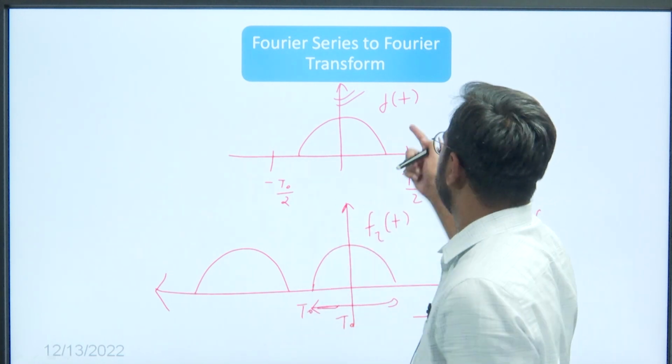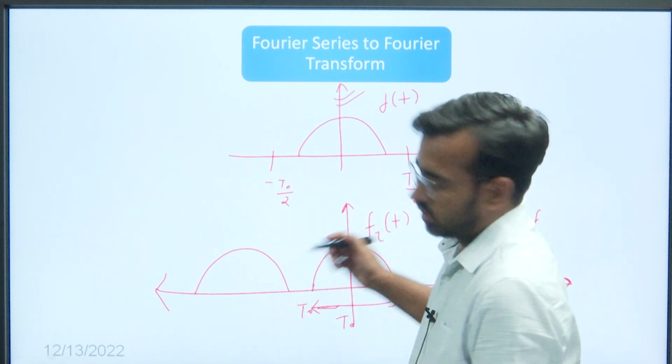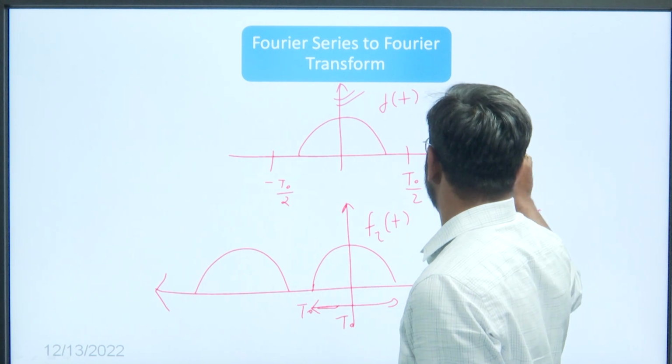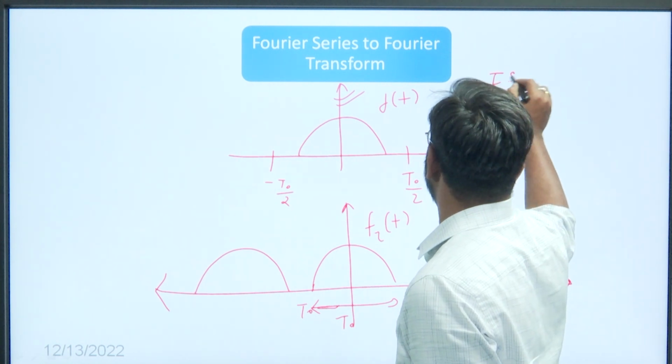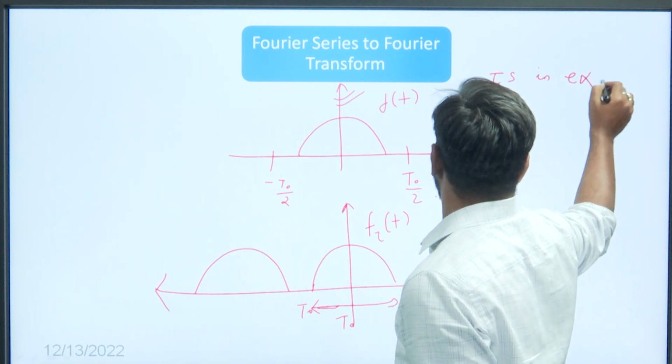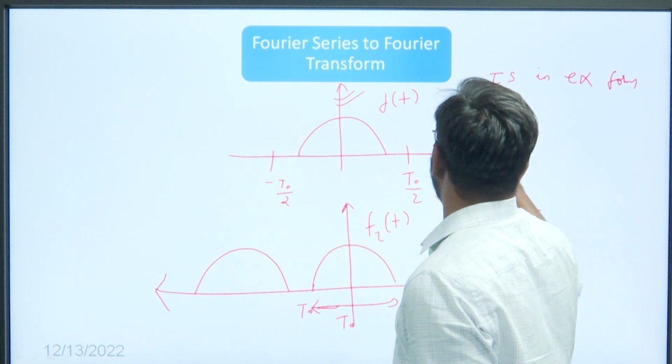See how. If you want to write the Fourier series in exponential form, how will we write Cn?